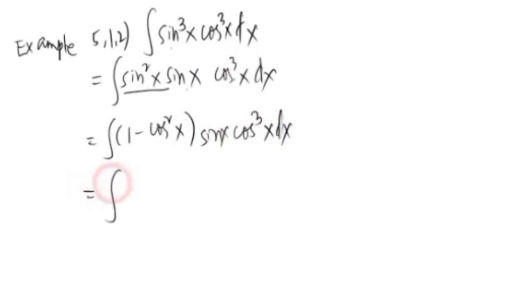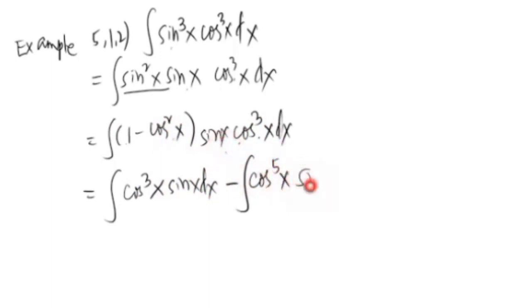So I would have the integral of this term times 1, it's cosine cube x sine x dx minus the integral of cosine cube times cosine squared, it's cosine to the fifth of x multiplied by sine x dx.